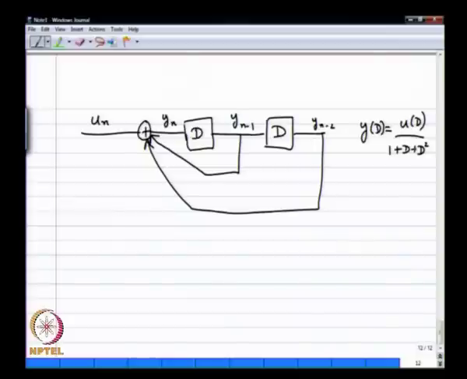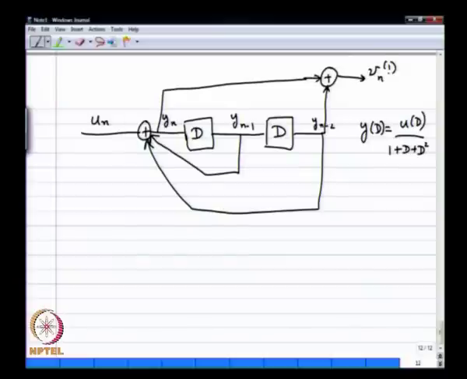So that is this equation. And how will I get a 1 plus D square on top? Simply take yn and then add yn minus 2. So that will give you the Vn1.